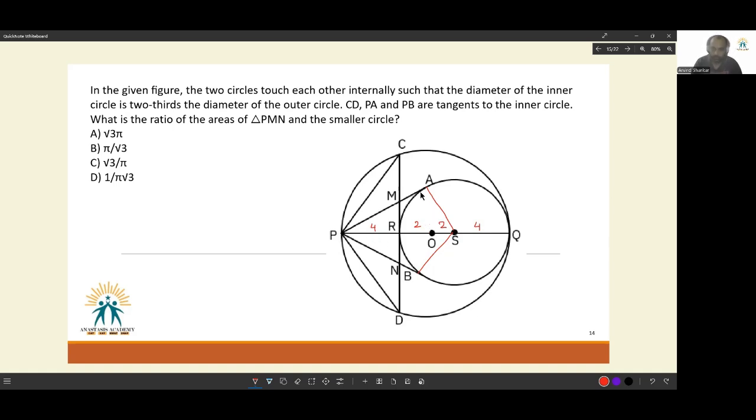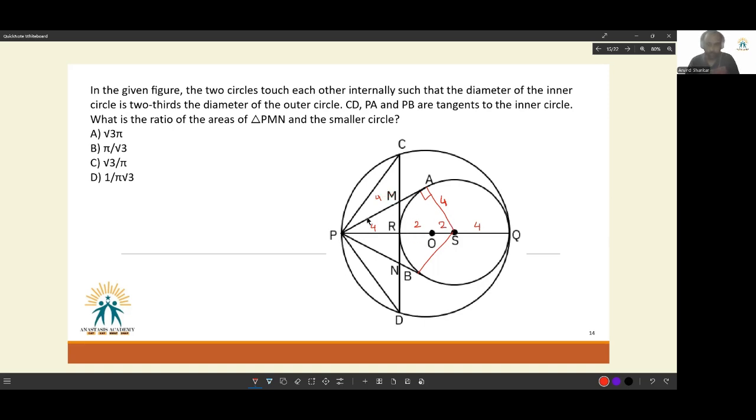Now here, this is 90. But beyond this, do I have any other information? Yes, I do have an information. The radius of the circle was 4. AS is 4. And the hypotenuse is 8, which means PA is going to be how much? 4√3, and 8 because of 30-60-90 triangle.